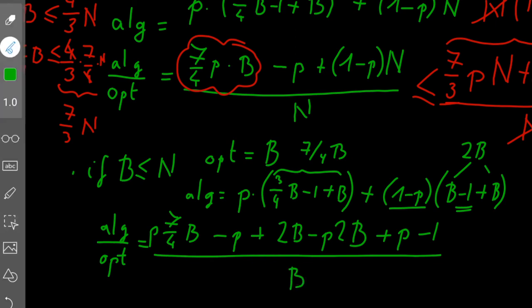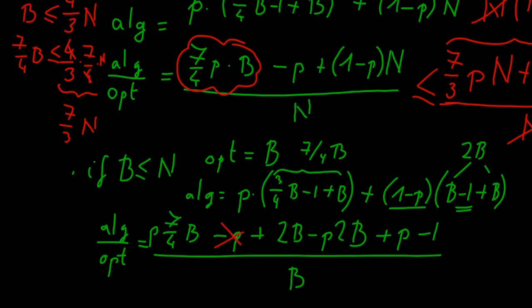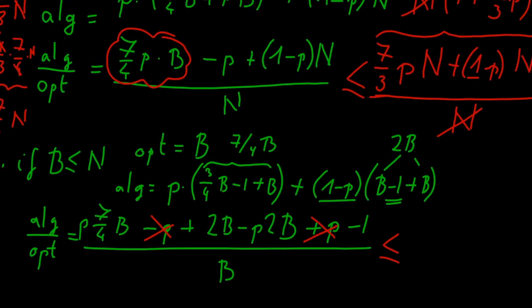Okay, so we have to compute an upper bound for this. Of course the minus p and the plus p just cancel out, and since I only have to give an upper bound, I don't have to deal with the minus 1 there.